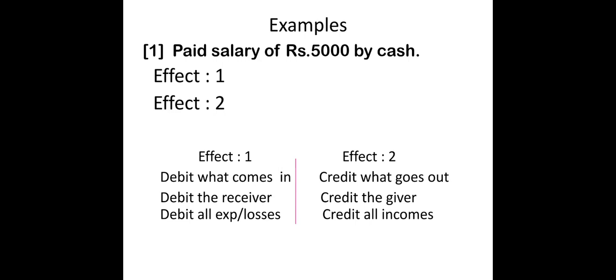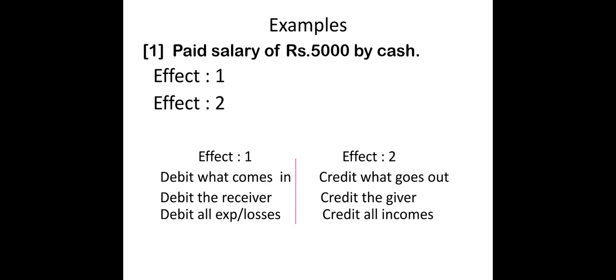Debit what comes in. If that is not applicable, then we can use debit the receiver. And if debit the receiver is also not applicable, then we have the last choice, that is debit all expenses and losses. Just tell me in effect number 1, which one we can select.